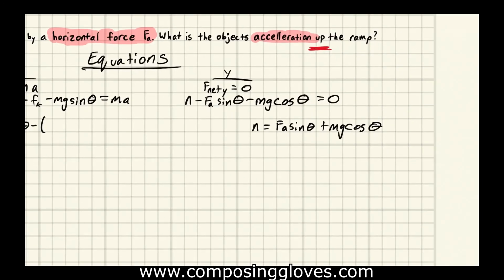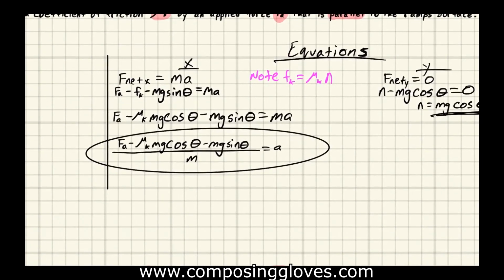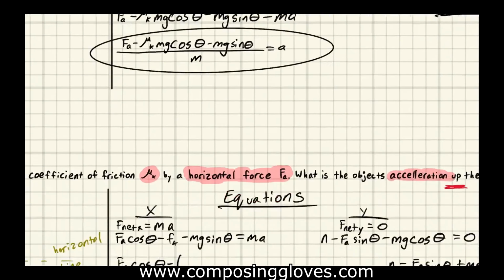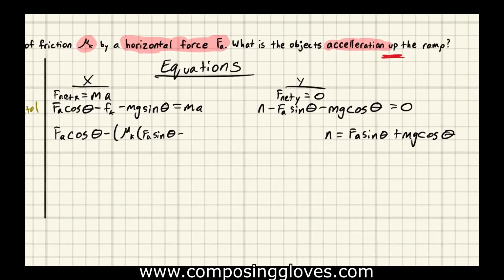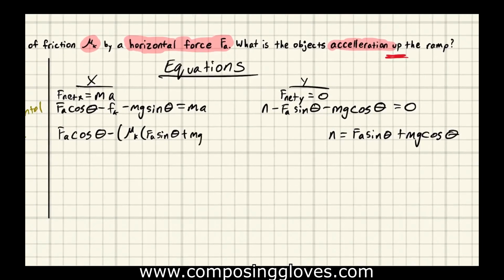In the other cases, I was able to just sub in because it's all attached by multiplication, but in this case, we need to be a little careful. So we have mu sub k times, FA sine theta plus, my bad, it's totally a plus, FA sine theta plus mg cosine theta, double parenthesis close, minus mg sine theta equal to ma.